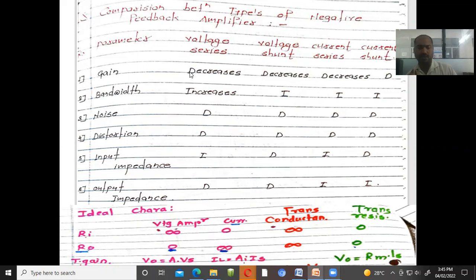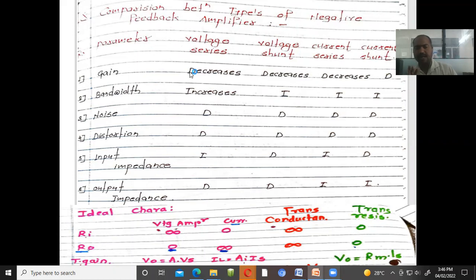Now Ro is nothing but output resistance. For the voltage amplifier, Ro should be 0, meaning output impedance should be 0. For the current amplifier, it is infinite. For the transconductance amplifier, it is infinite, but for the transresistance amplifier, it is 0, right? When we use the amplifier in different applications, it is chosen by looking at this Ri and Ro.